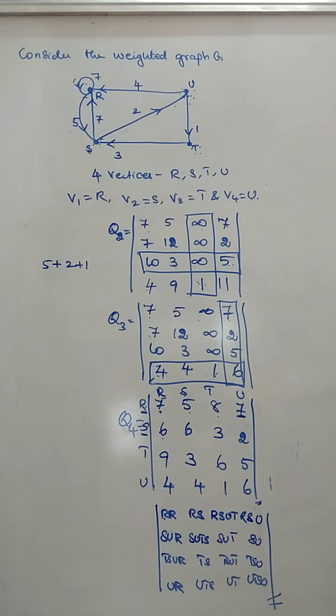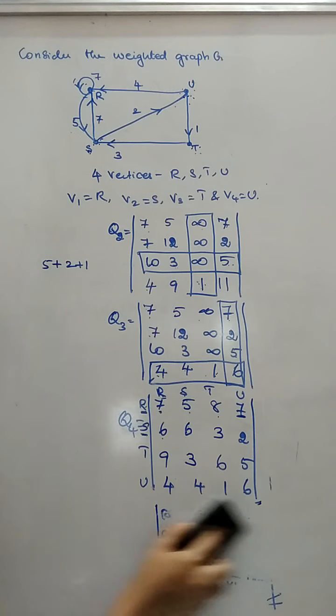We may say it in other words as Q^k of i, j, I will just write it here.